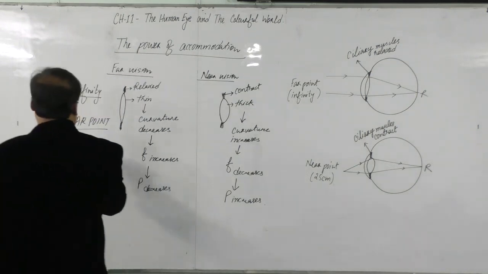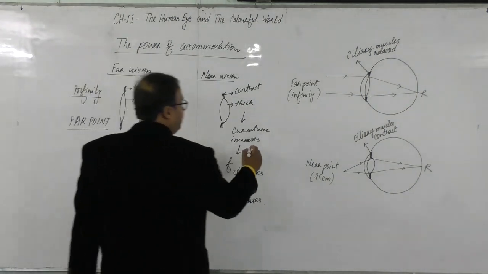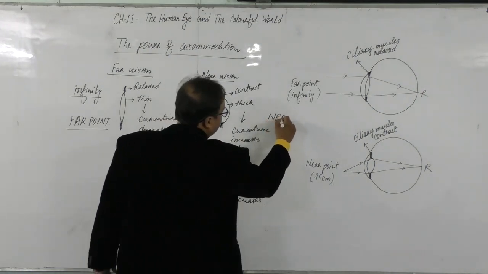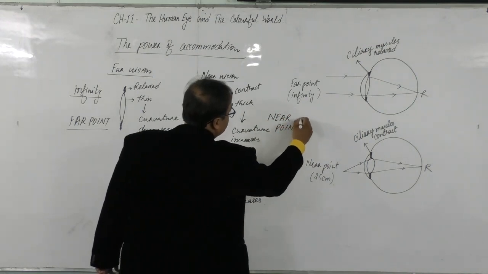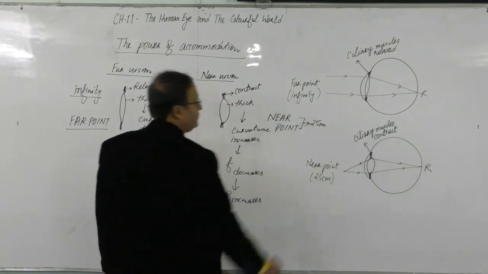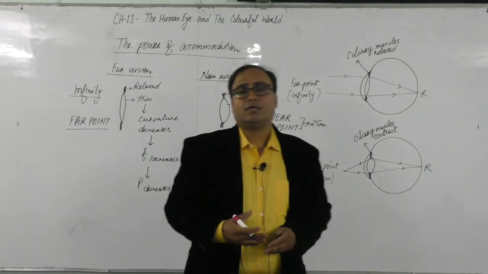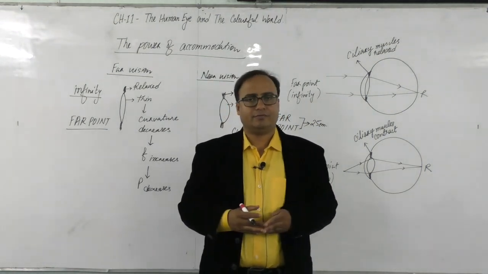For a normal eye, the far point is infinity, and for a normal eye, the near point is 25 centimeter. So we can see from infinity up to 25 centimeter. This is our range of vision.